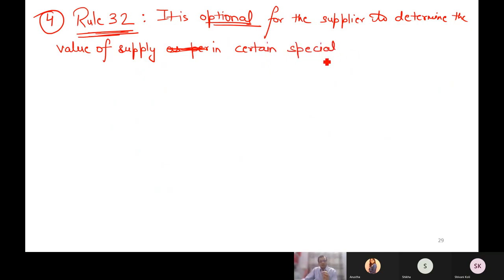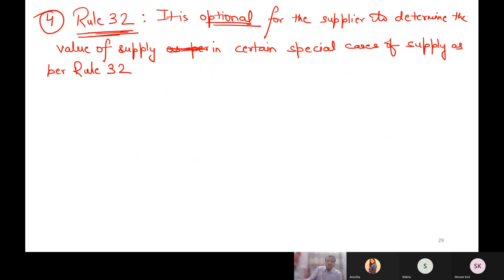This rule 32 will discuss only some special cases of supply, as per rule 32. So this is the fourth way to determine the value of supply. One way is 15.1, another way is 15.4, third way is 15.5, and fourth is not a section, separately rule 32.